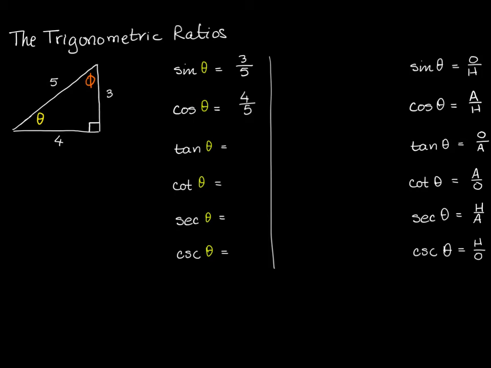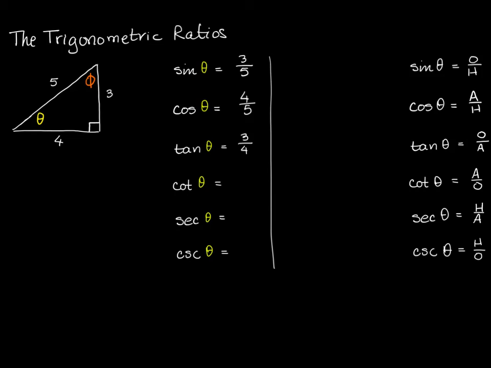The tangent of theta is the opposite over the adjacent, the side opposite the angle theta over the side adjacent to the angle theta, or the lengths of those two sides anyway. The length of the side opposite theta is 3, and the length of the side adjacent to theta is 4. Cotangent is adjacent over opposite.